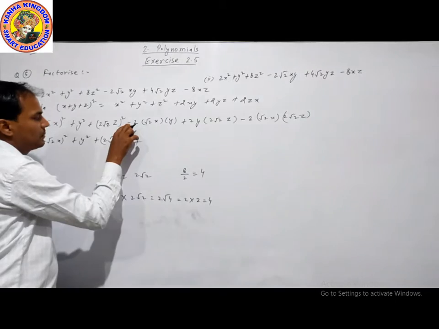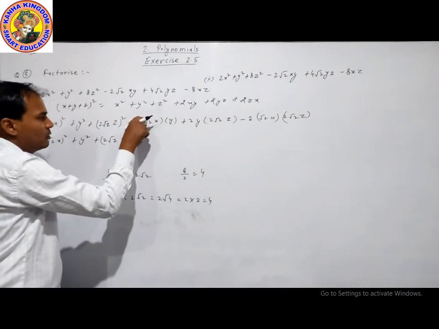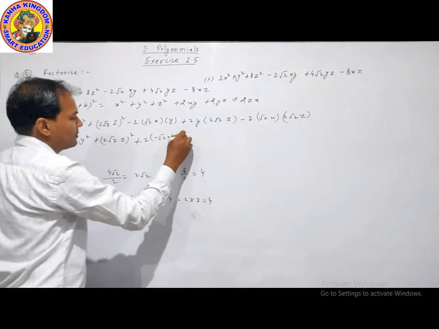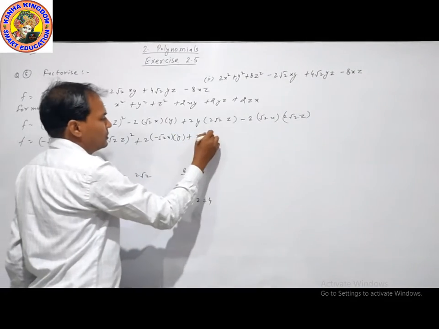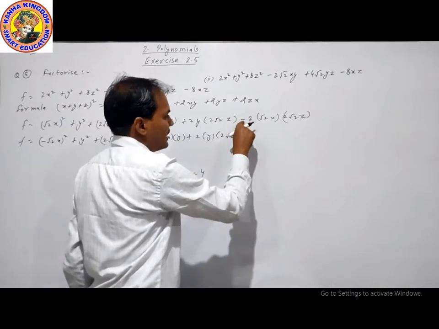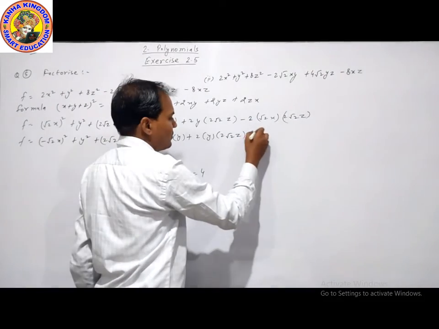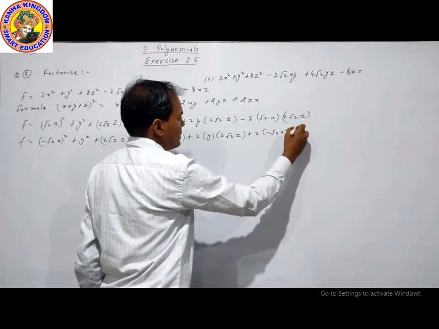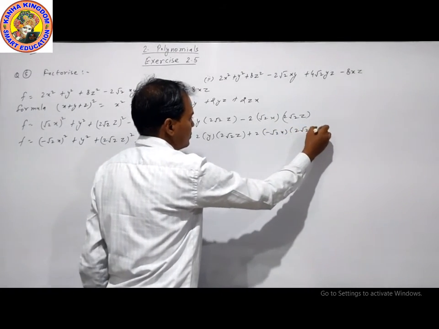Then we make plus because minus will move to x: minus root 2x y, 2y, 2 root 2 z. Then minus will move to x, 2 minus root 2x, 2 root 2 z.